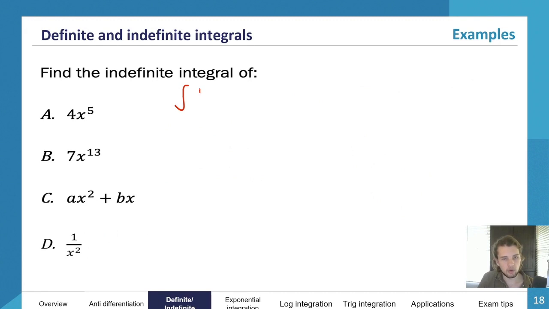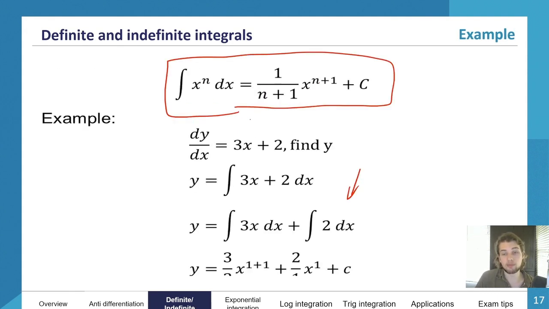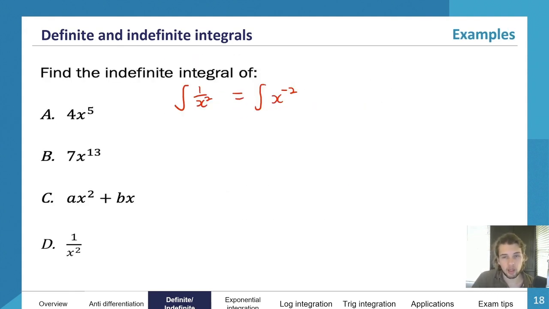We're going to integrate 1 over x to the power of 2. Now that's equal to the integral of x to the power of negative 2. So from here we can apply this formula all the same. And this formula might even be a little more useful when you have a negative power, because it's just a little harder to look at.